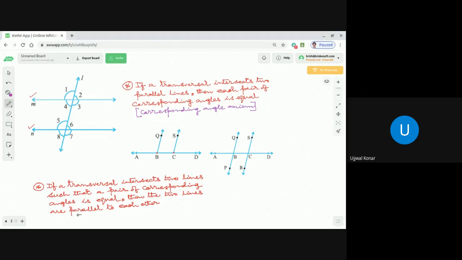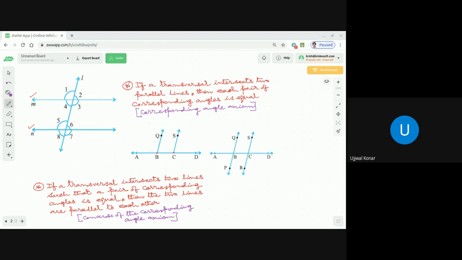So this is known as the converse of the corresponding angle axiom, correct, dear students? Yes, sir.